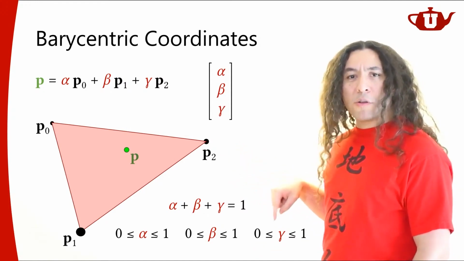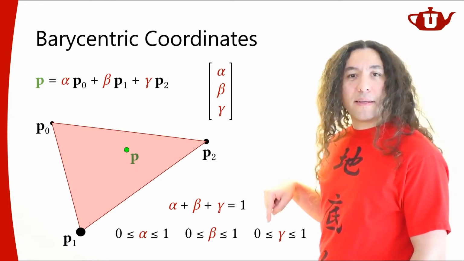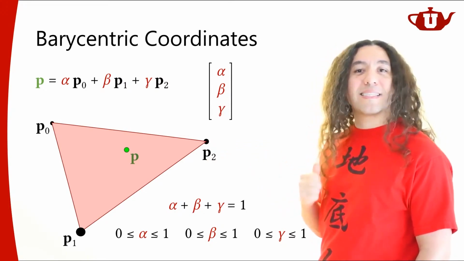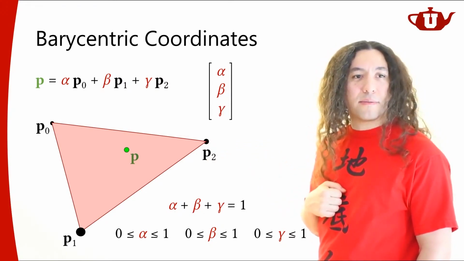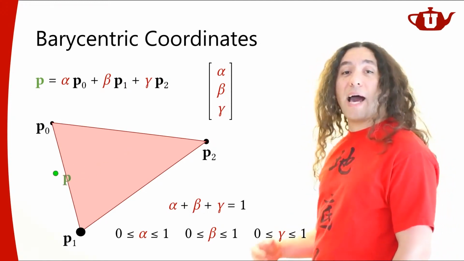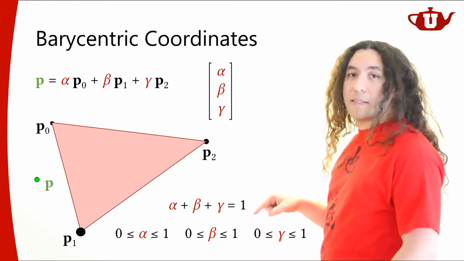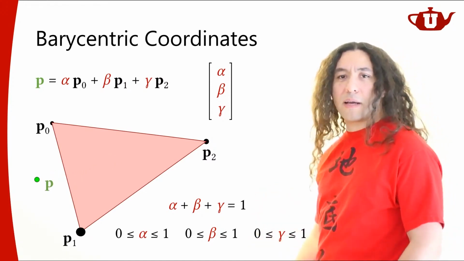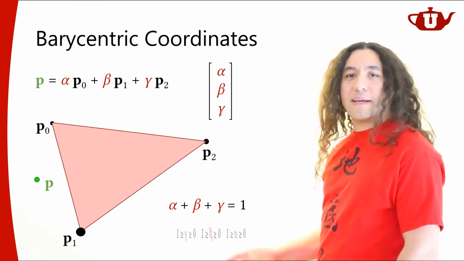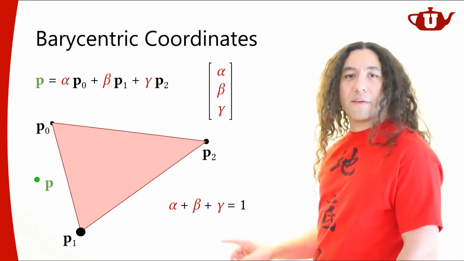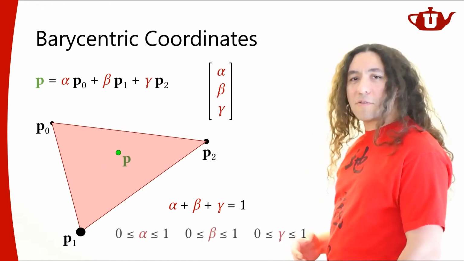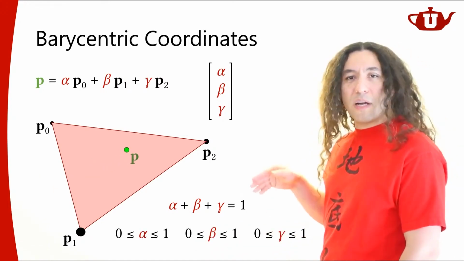And if they are all also between 0 and 1, then this point P is going to be inside that triangle, right? And if point P is outside of the triangle, then this property that alpha, beta, gamma being non-negative and smaller than 1 doesn't hold anymore. So it's gone. But if the point is inside the triangle, then I have this property. It's a very, very useful property.